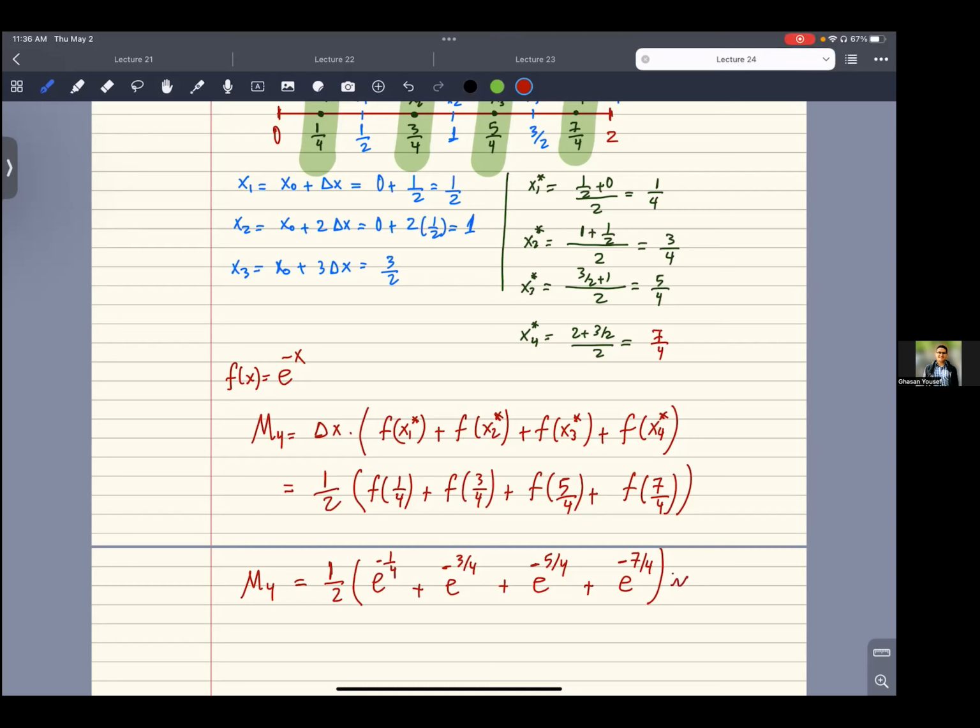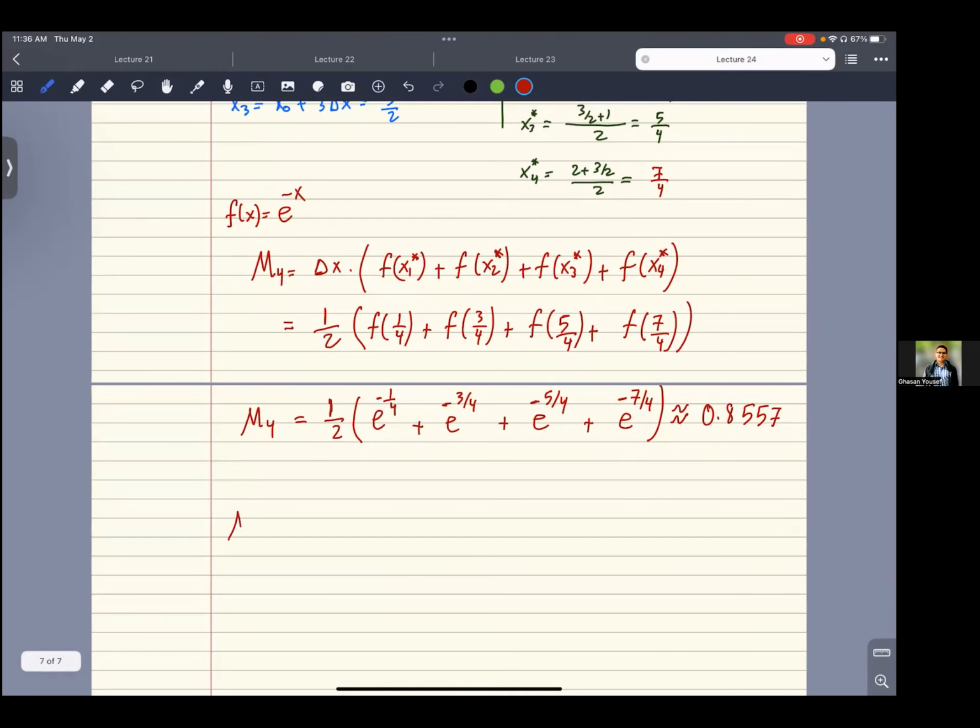And if you want to use the calculator to find this one, it is close to 0.88557. Now, M10 is an exercise. So you're going to do it.